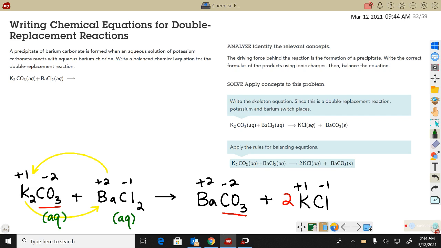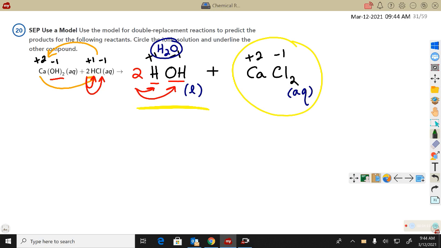A precipitate is a solid. It's a solid that forms from the reaction of solutions. So I would expect some kind of like a cloudy solid that would eventually just kind of drop to the bottom of my beaker.